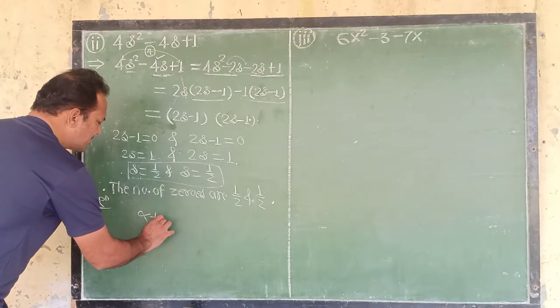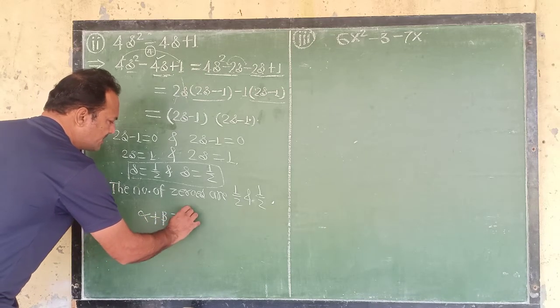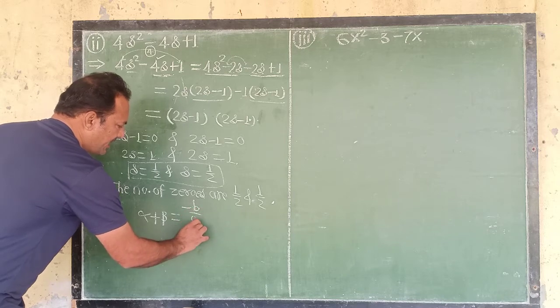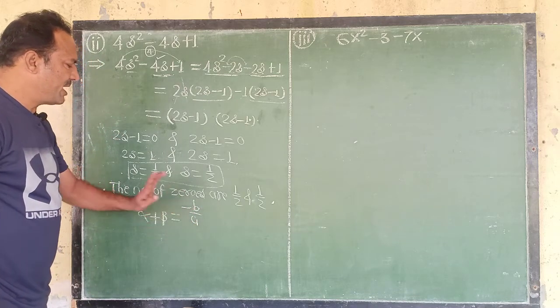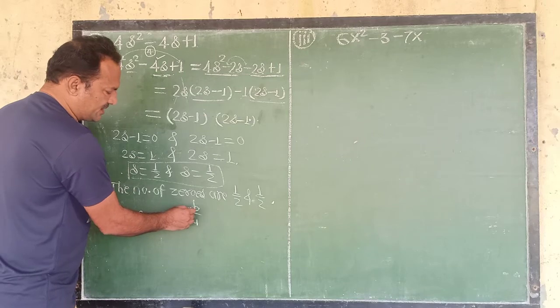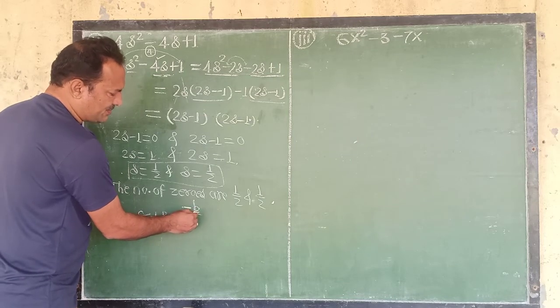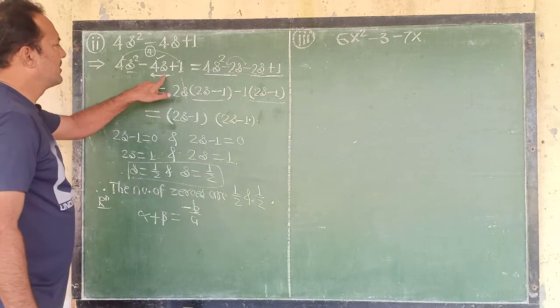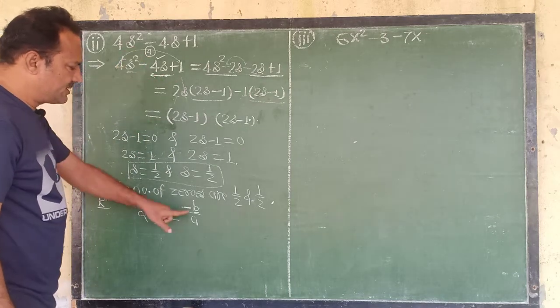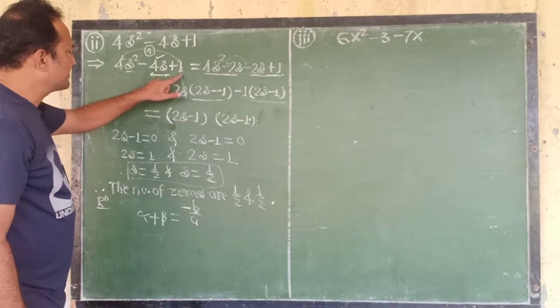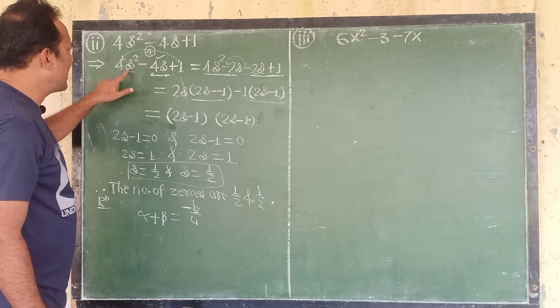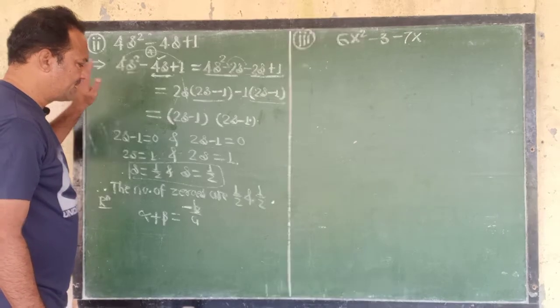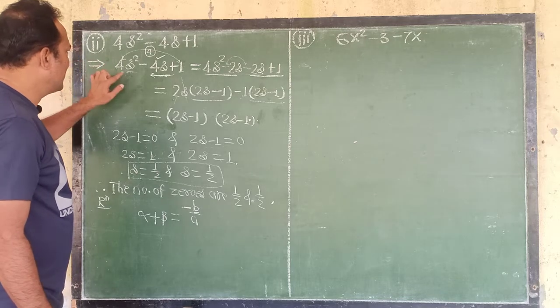First, alpha plus beta is equal to minus b by a. Okay, this is already the formula. b is the coefficient of s, and a is the coefficient of s square.